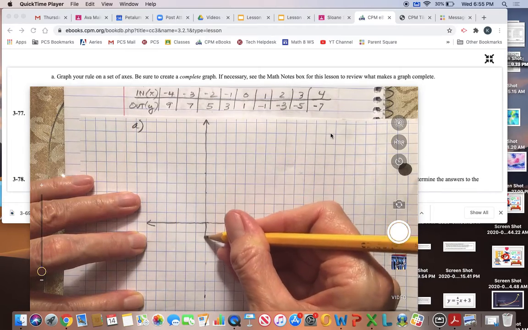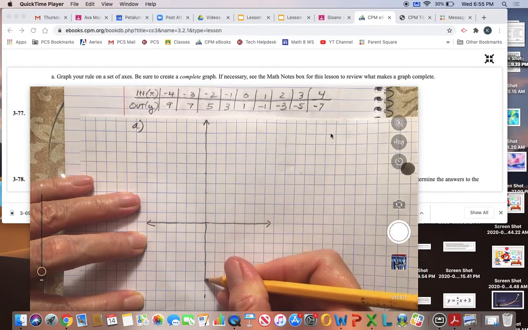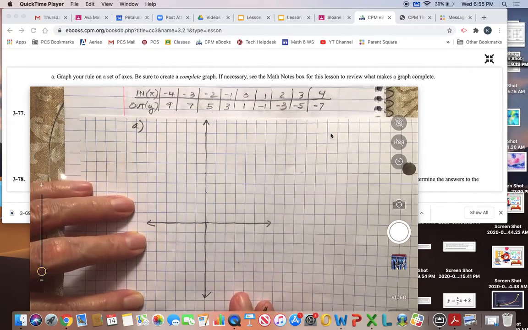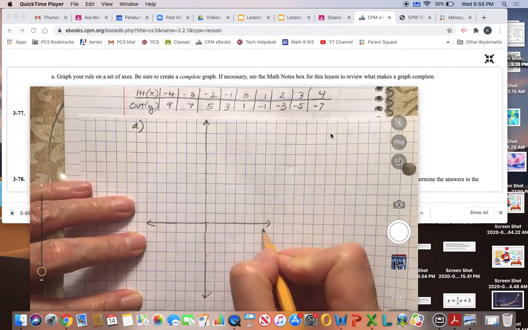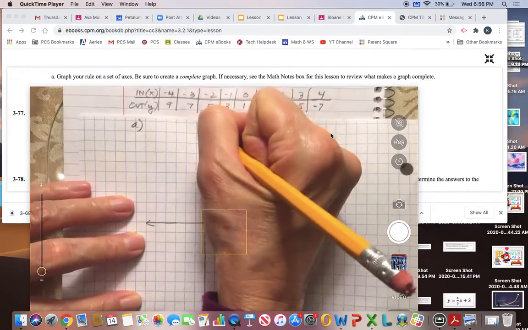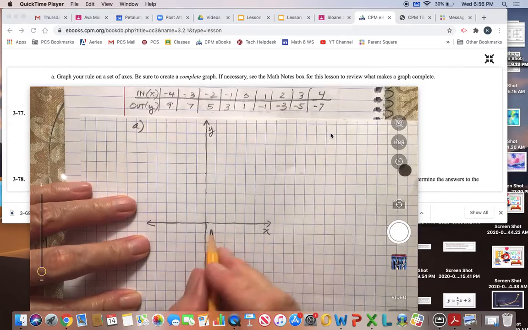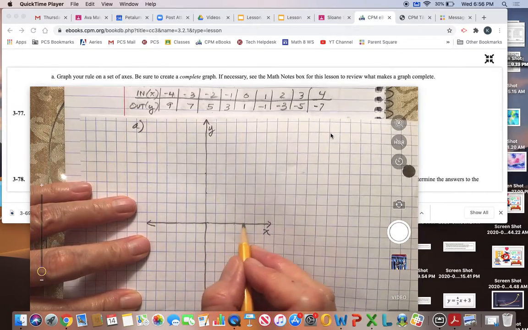Okay, so now I'll draw the y-axis down to here. All right, and so I'm just going to label this because we have to be sure to label, and then to give some indicator of what the scale is. 1, 2, 3, 4, 5.